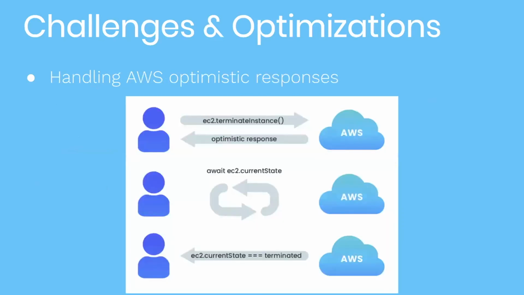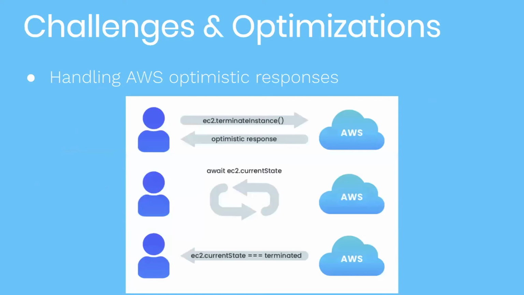Finally, we did encounter some challenges with timing when deploying or destroying services in rapid succession if those services depended on one another. And that's because AWS returns an optimistic response when an SDK function is invoked. So it can sometimes happen that a service is not actually in the expected state immediately after that successful response.